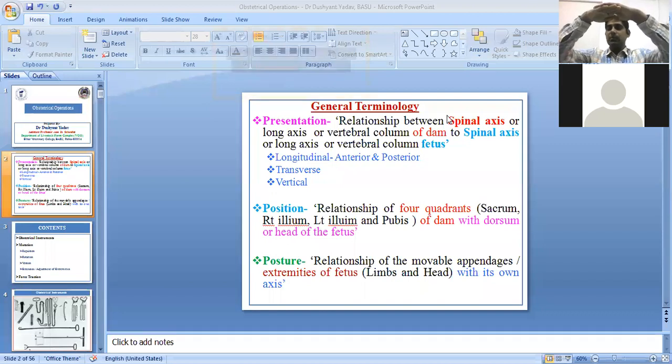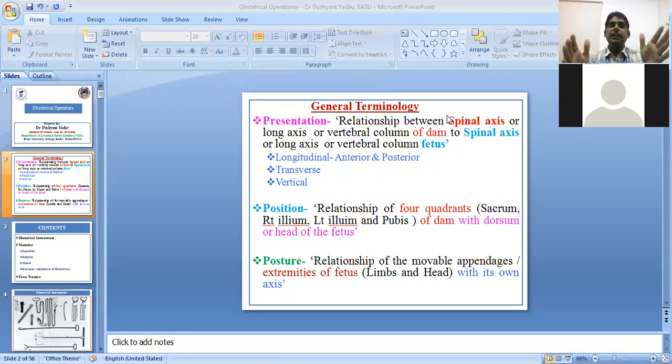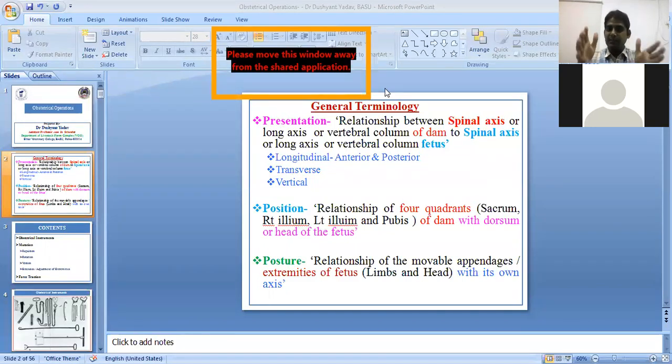Then below is the pubis. Pubis is the second quadrant of the dam, and the right ilium and left ilium are the two more quadrants of the dam. So the four quadrants of the dam decide the position of the fetus.